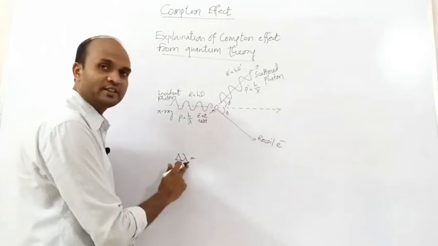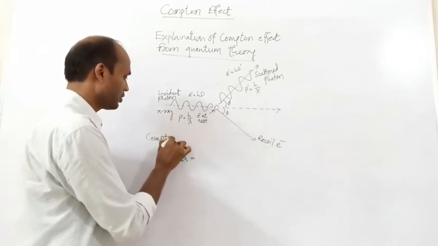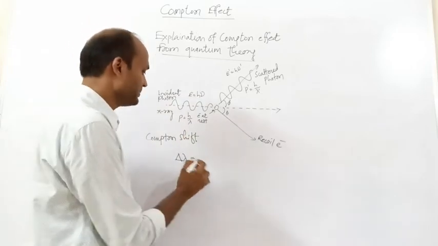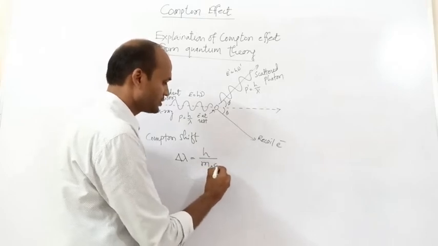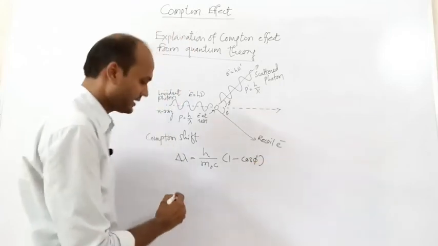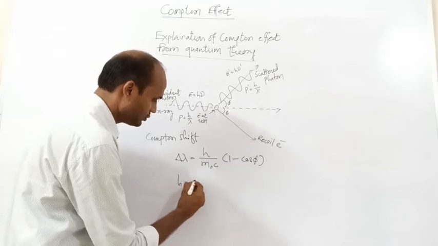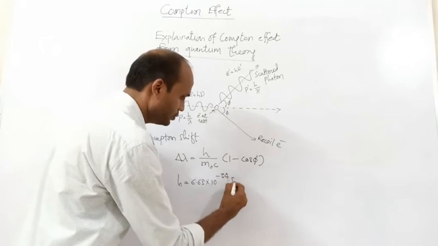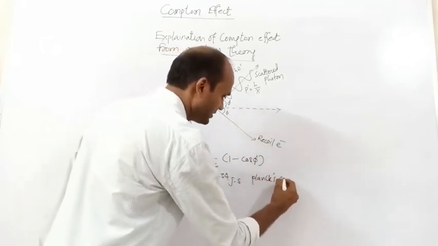According to Compton theory, the Compton shift, that is delta lambda, is equal to h upon m0c into 1 minus cos phi, where h is Planck's constant, whose value is 6.63 into 10 raised to power minus 34 joule second.